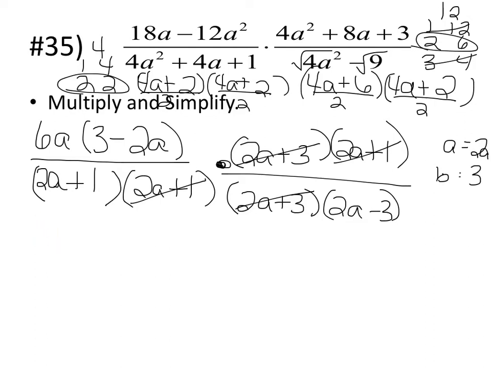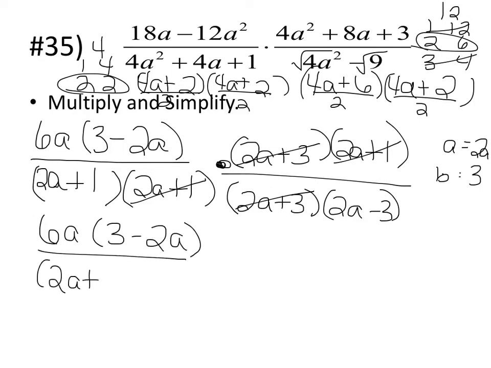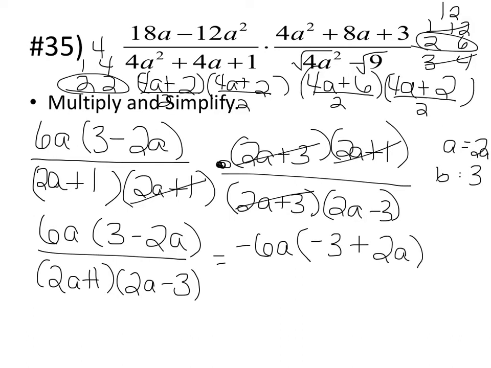So let's just write what we have left. So we have 6a times 3 minus 2a over 2a plus 1 times 2a minus 3. So that's what we're left with so far. So if I factor a negative 1 out of this top one, that's going to give me negative 6a, because negative 1 times 6a is negative 6a, and it's going to change to negative 3 plus 2a.